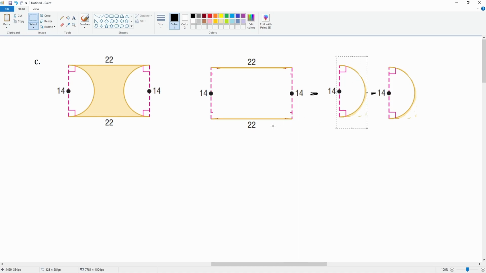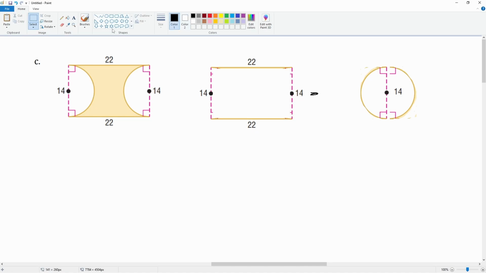You're going to see how it actually forms a complete circle. Rotate, rotate. So it does magically fit into one circle that has a diameter of 14. Do you see that? Okay, so it is a rectangle minus a complete circle that has a diameter of 14.